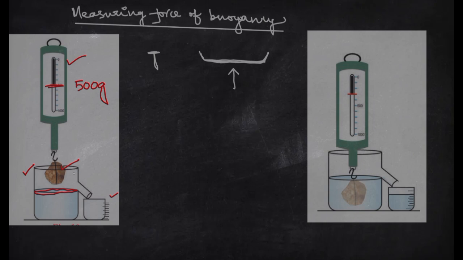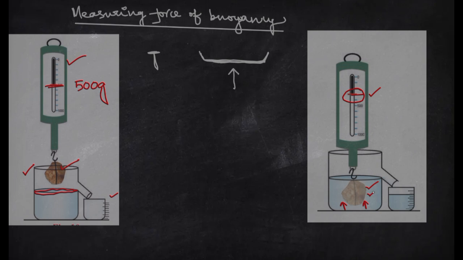Now the stone is immersed completely here. When the stone is completely immersed, the upthrust, the force of buoyancy, acts on the stone, and there will be a loss in the weight of the stone. Actually, the stone will not lose any weight, but due to the upthrust, the force of buoyancy, the stone seems to have lost its weight.